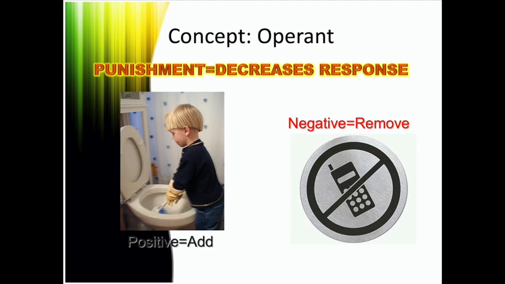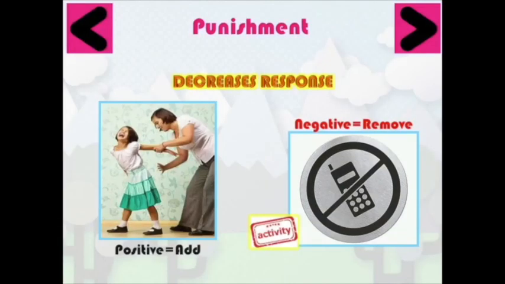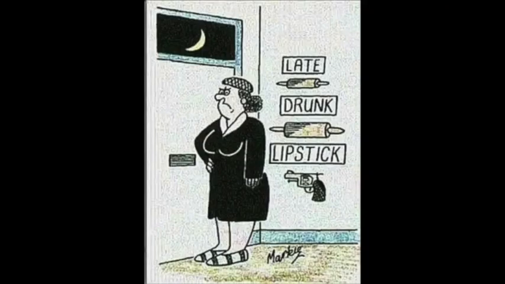Positive punishment means to add something unpleasant to someone's life to decrease a response. Like this girl in the picture here, she was talking back to her mama, so her mama added a spanking to her life, which was unpleasant, to decrease the response of back talk.